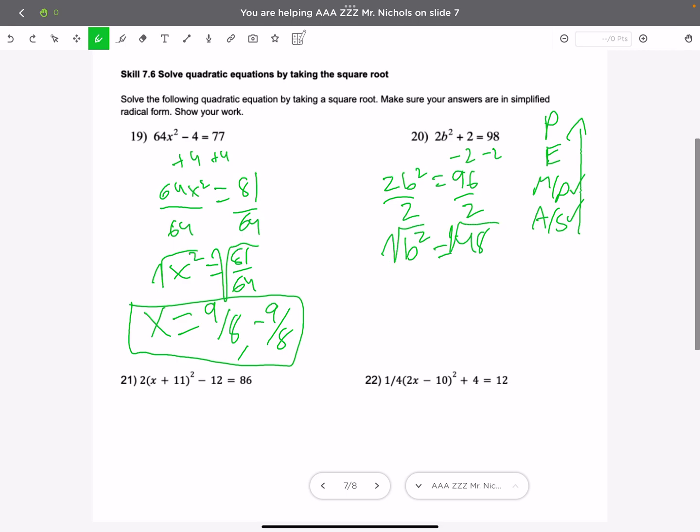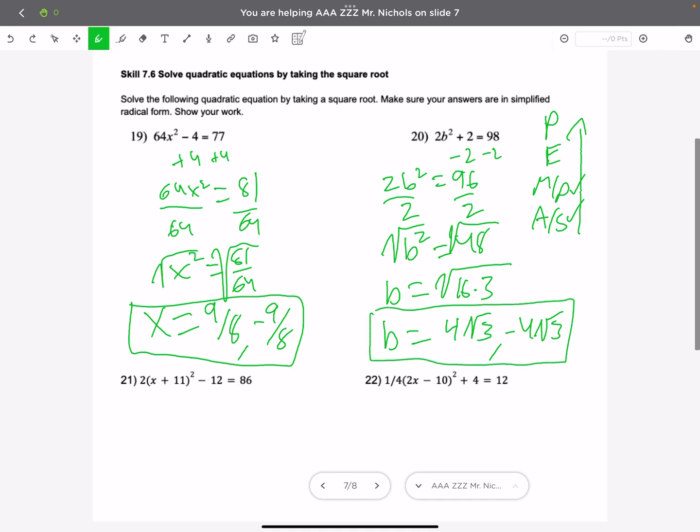Now 48 is not a perfect square, but I can rewrite it as 16 times 3. And so b is equal to, that 16 just becomes 4 square root 3. Now once again, I also can say negative 4 square root 3. And this is my answer. All right.